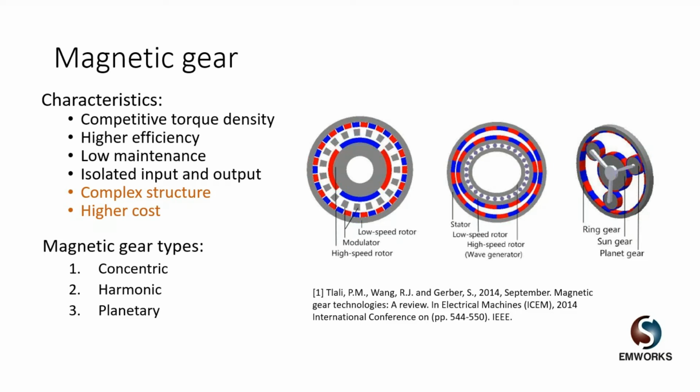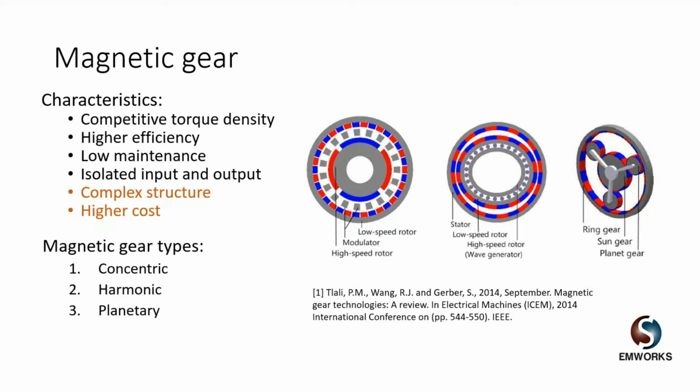Too much torque is not going to break your system. Your gear might slip, but there is not going to be serious damage to it, which is a very important thing in certain applications. The big disadvantage of magnetic gears is definitely a higher cost associated with the usage of permanent magnets, and a more complex structure, and they're in general more difficult to manufacture. Again, this depends on the exact type of magnetic gear that you're looking at.